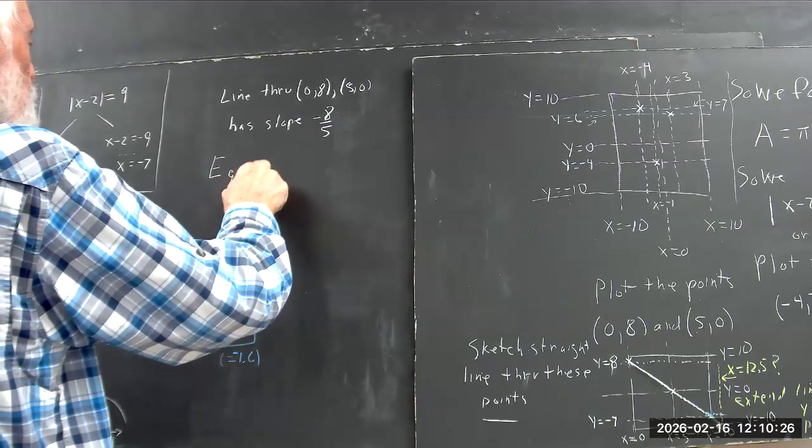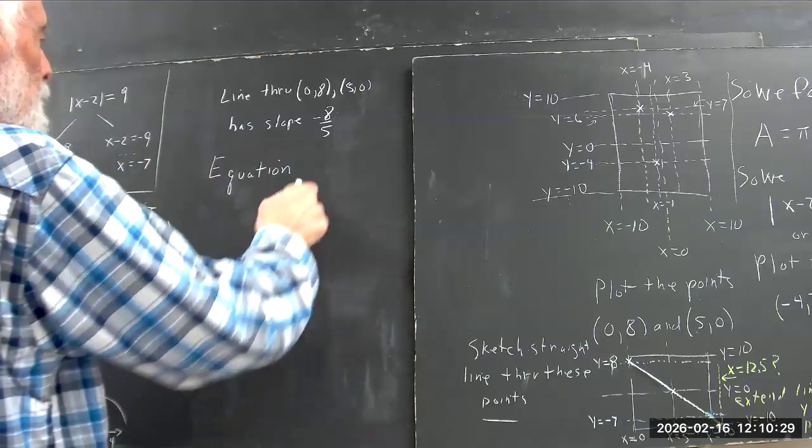Now, I'd love to develop a theory of why the equation of a straight line is what it is.